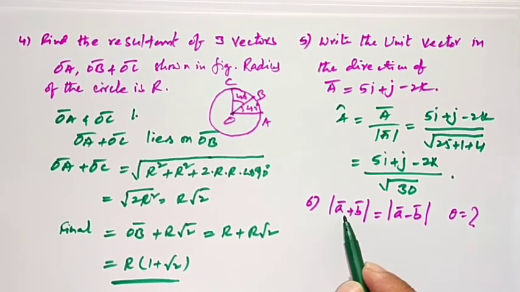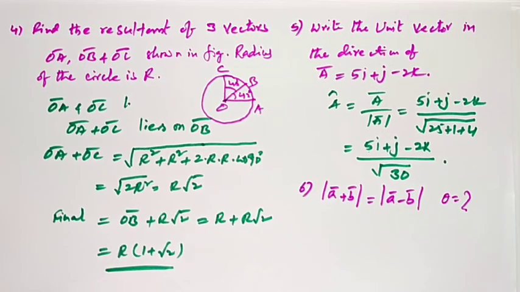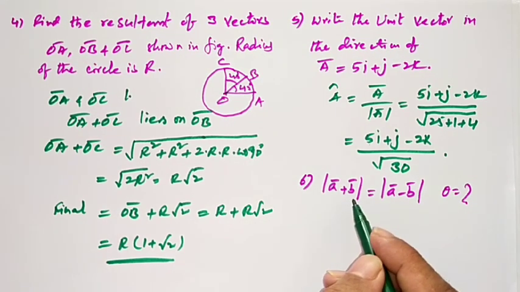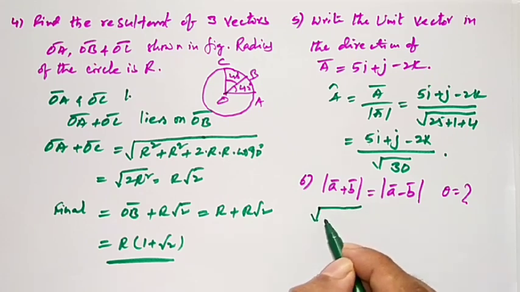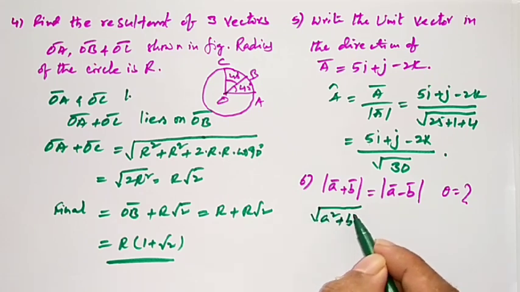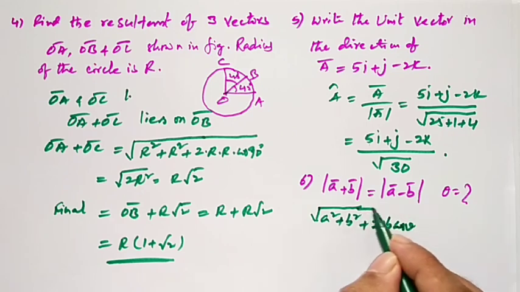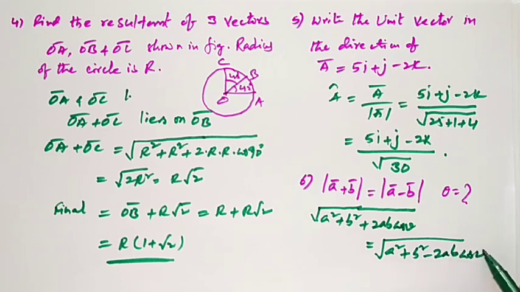Modulus of A plus B is equal to modulus of A minus B. Now the formula for modulus of A plus B is root over A square plus B square plus 2AB cos theta. That is equal to A minus B, which is root over A square plus B square minus 2AB cos theta.